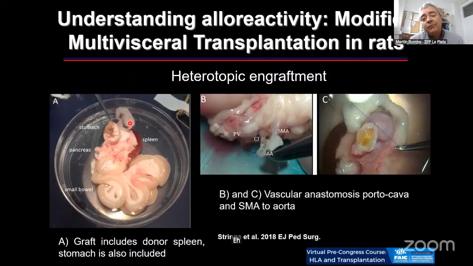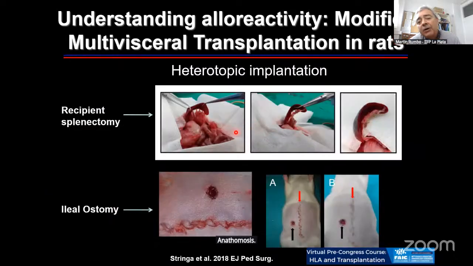Our model is heterotopic, so we use vascular anastomosis of the small mesenteric artery to the aorta, and also a porto-caval anastomosis.